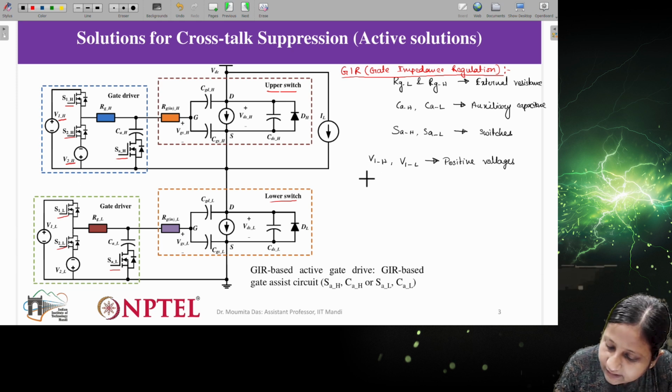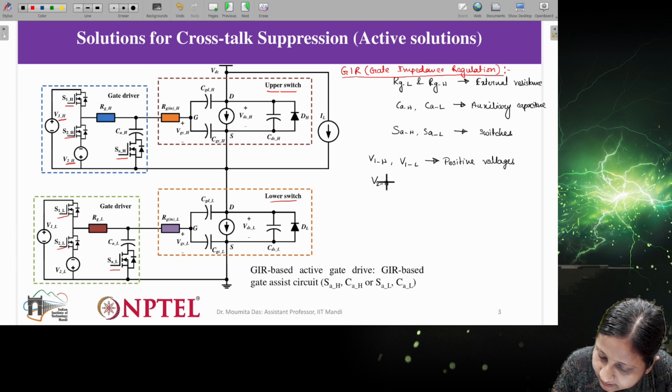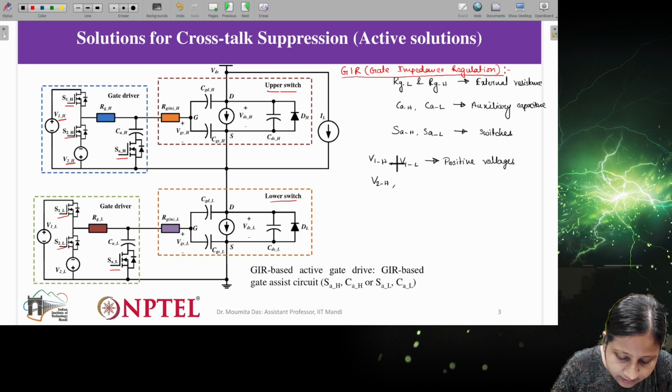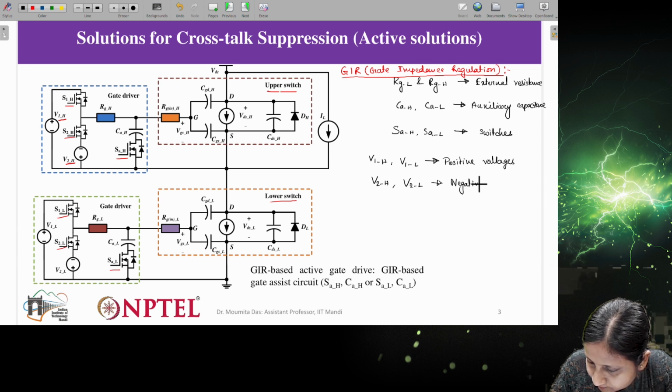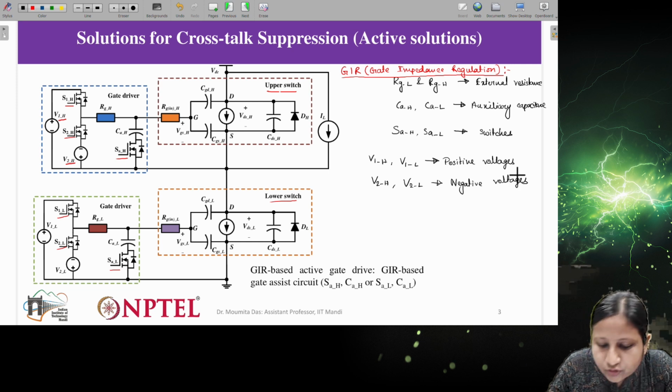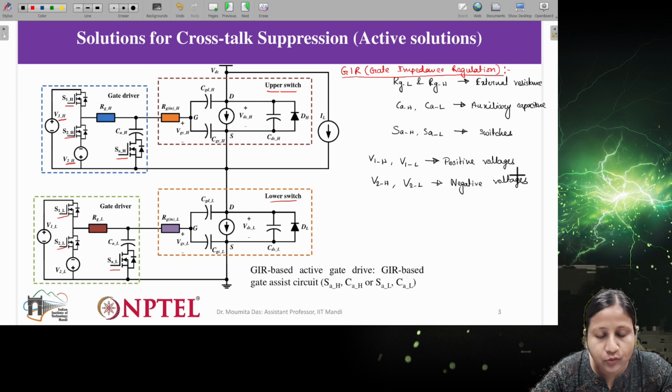And similarly V2H and V2L are negative voltages. So in this particular solution, two different potential voltages are used.